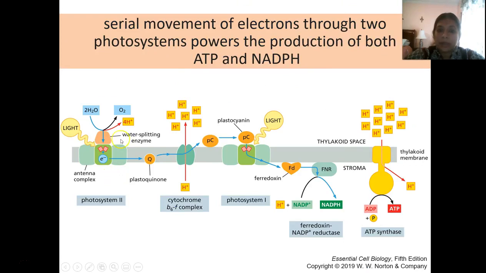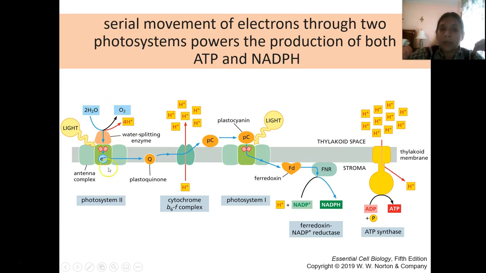So here you can see those different types of molecules that are in photosystem 2 versus photosystem 1. Both of those require light for energy production or energy storage. This is the first part, in photosystem 2, where you are taking the light energy and using the water splitting enzyme, which requires magnesium, to break down the water into oxygen and protons.